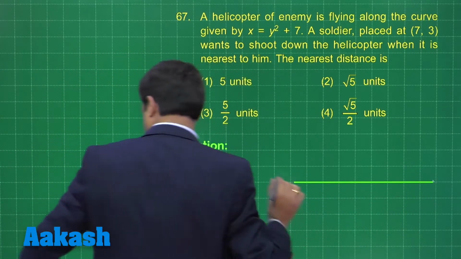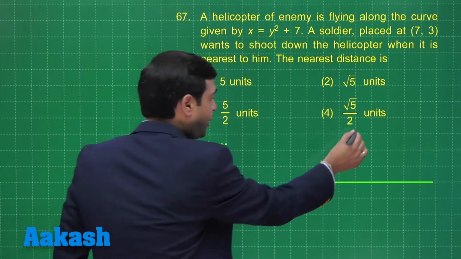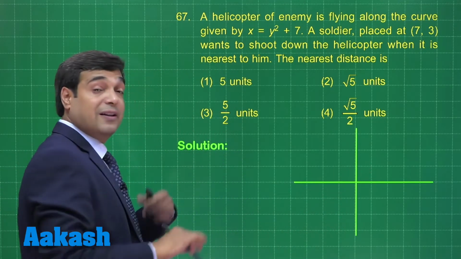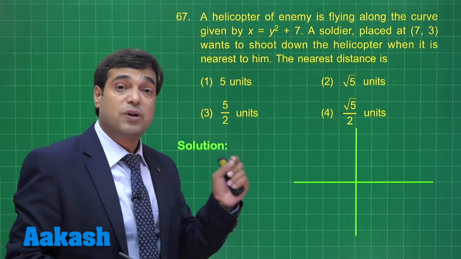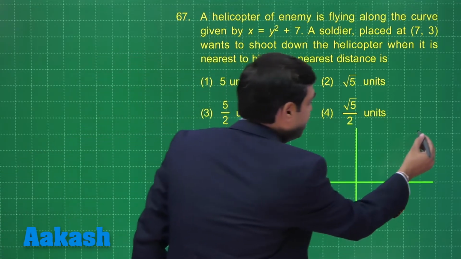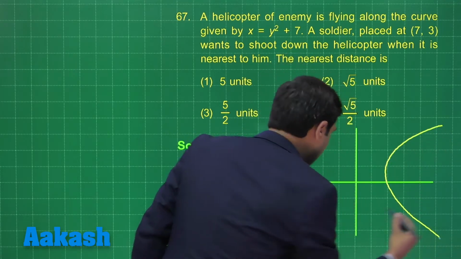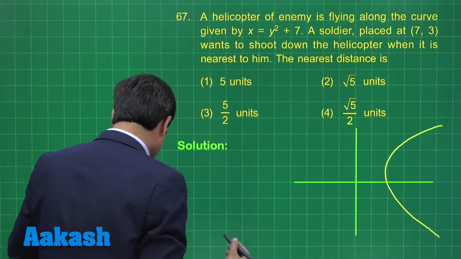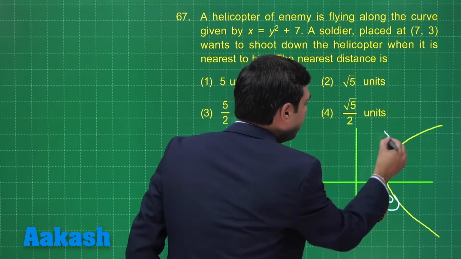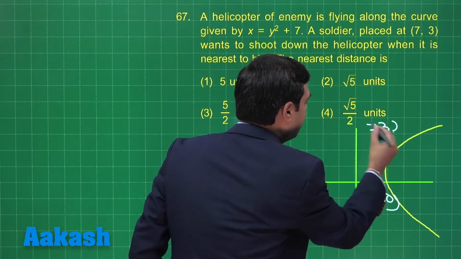For that we need the coordinate axes. Then let's draw the parabola x = y² + 7. It is intersecting here at (7, 0). Now here you have a point (7, 3), correct?